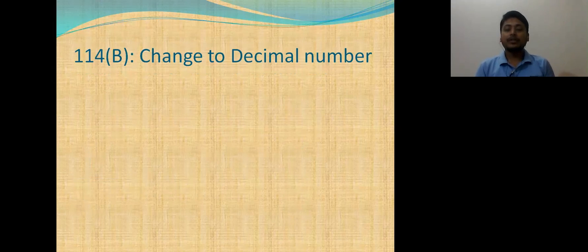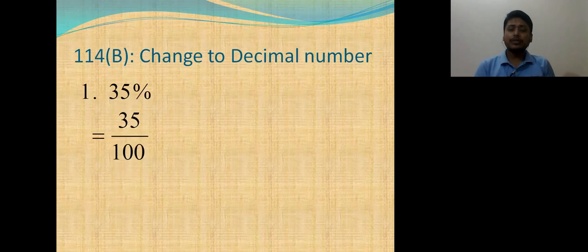Similarly, directly we are going to change percentage to decimal number. So 35% is given, and you have to write it as a decimal number. How? No problem. First of all, remove the percentage sign.